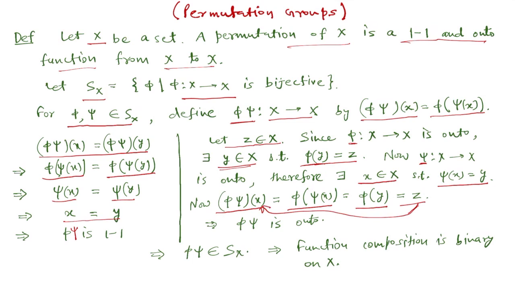So this shows that phi psi is onto, and this implies phi psi is a 1-1 and onto function from X to X. So phi psi belongs to Sx. So this function composition is a binary operation on Sx.